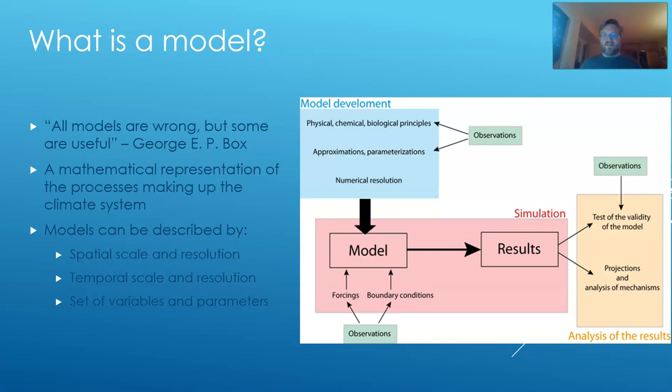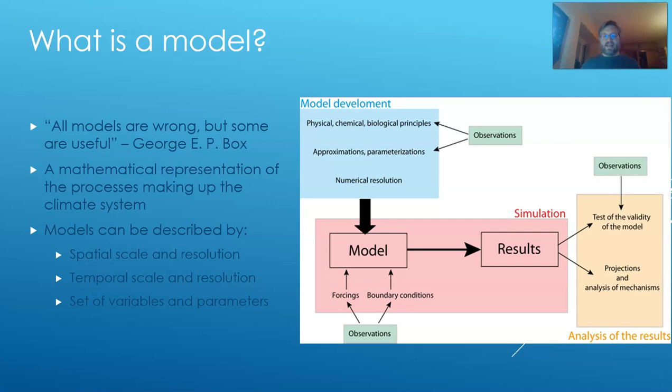Then we feed in observations about the state of the world. So these are things like our radiative forcings. What is the actual amount of CO2 in the atmosphere for each year that we're going to run our model on? So we combine that with these basic processes that we've documented, and that gives us our model results.